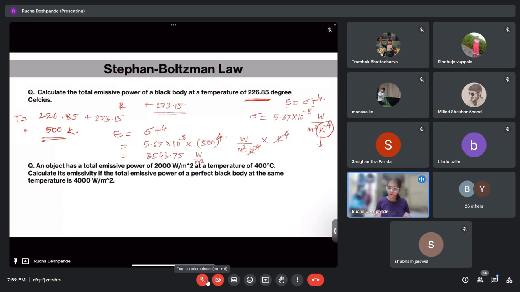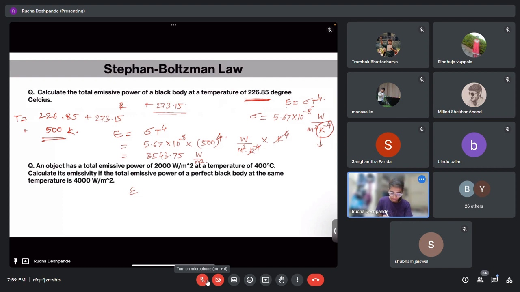A black body is a body which emits at the highest possible rate. But black body is an ideal case, right? So other objects which are not a black body will emit at a lower rate, and emissivity is the ratio at which it emits with respect to the black body.